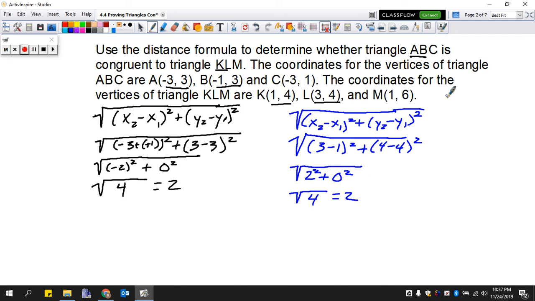So KL and AB are congruent. AB is congruent to KL. That's the one set.